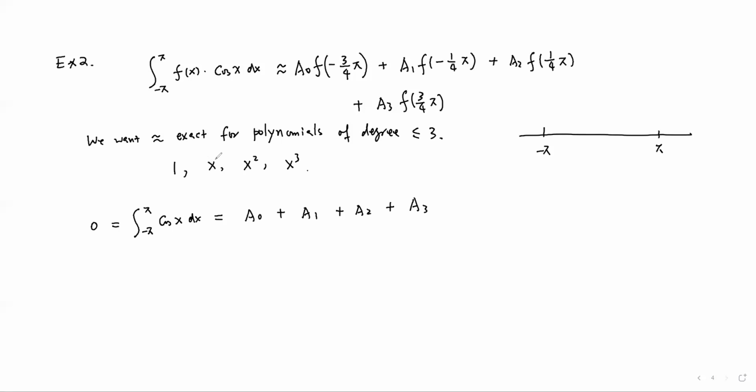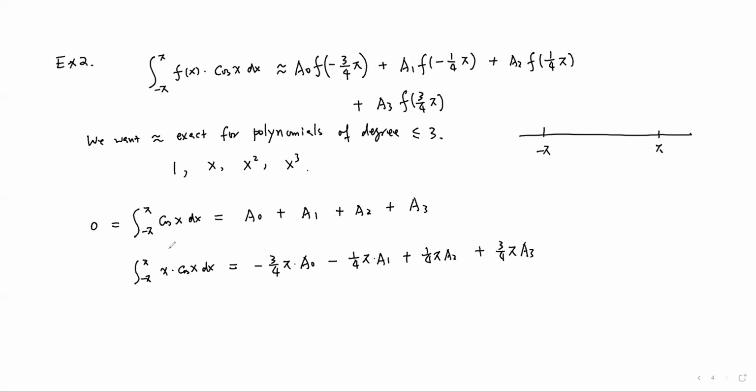Now the second equation. Plug in x for the function f. Then we get the integral of x times cosine x, equal to, since the function is x, -3/4 pi times A0 minus 1/4 pi times A1 plus 1/4 pi A2 plus 3/4 pi A3.